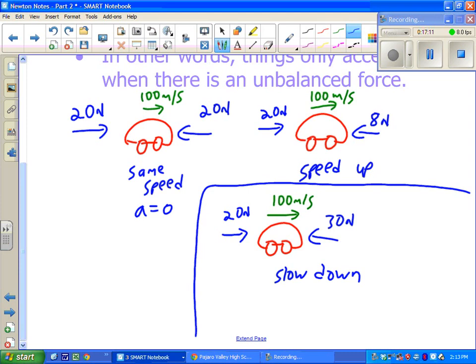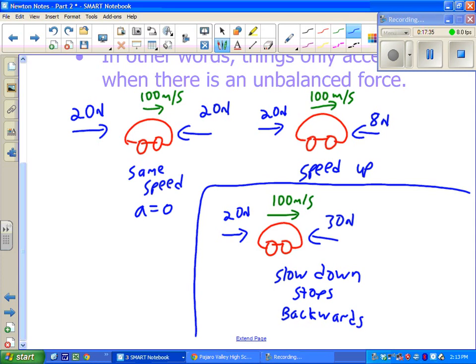So it's going 100 to the right, but because the force is stronger, that 30 is stronger, it's going to slow down the car. It's going to keep slowing down the car until the car stops. And then if you keep pushing like this, the car will move backwards. So the car will eventually go to the left.